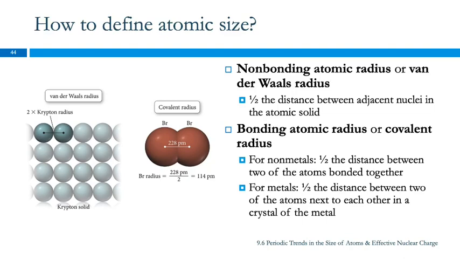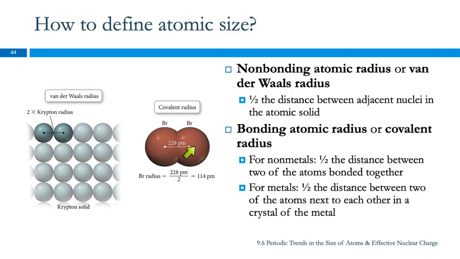We can also look at a bonding atomic radius, sometimes called a covalent radius, because when two atoms bond together, like we have illustrated here with bromine, this molecule, there is actually a chemical bond, a covalent bond here, and that pulls the nuclei closer than they would be if they were just sitting next to each other in an atomic solid. So this radius is going to be different.